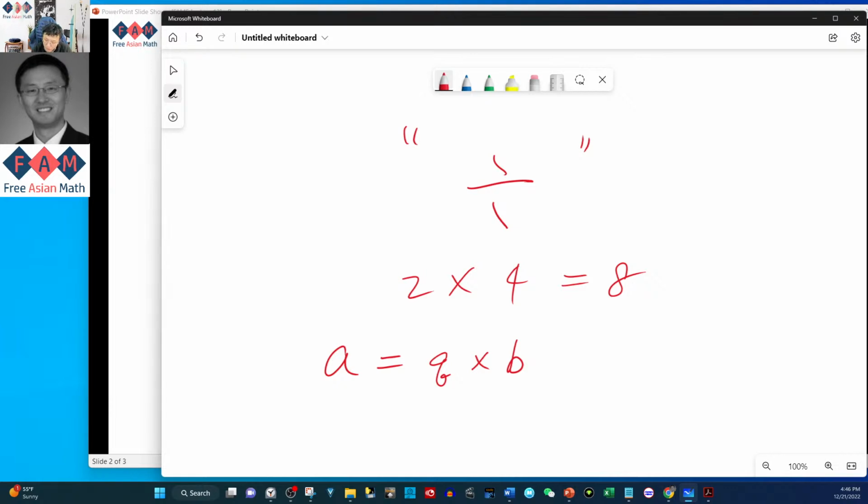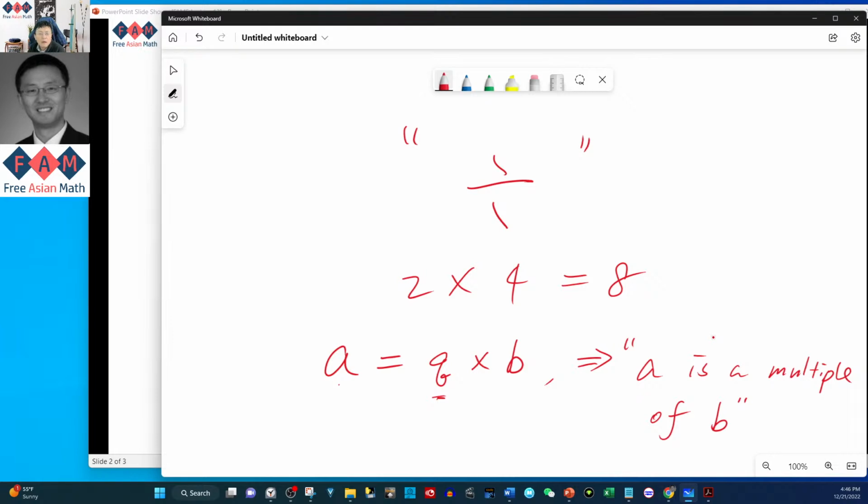So if we can find another integer q such that a equals q times b, then we say a is a multiple of b.